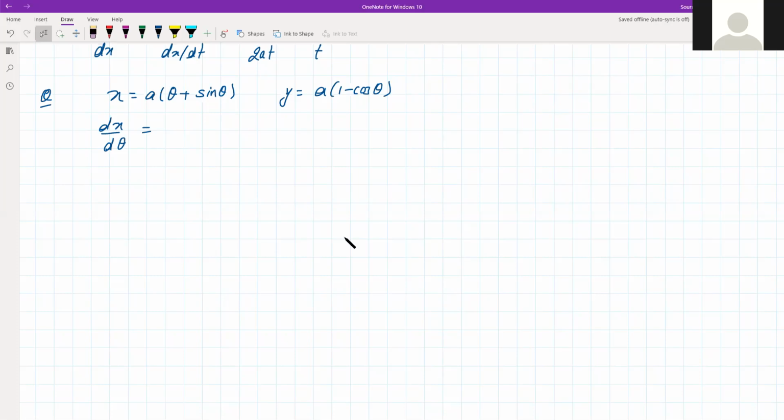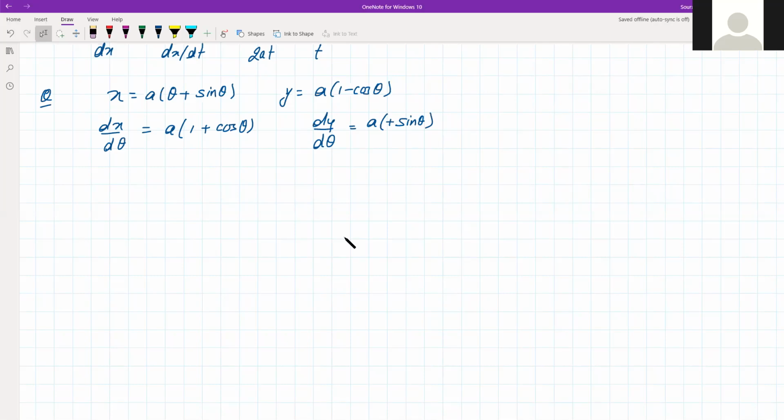So this will be a(1 plus cos theta). Done. And same way dy by d theta, that is a(0 minus minus sine theta), that is 0 plus sine theta. So this is a sine theta.